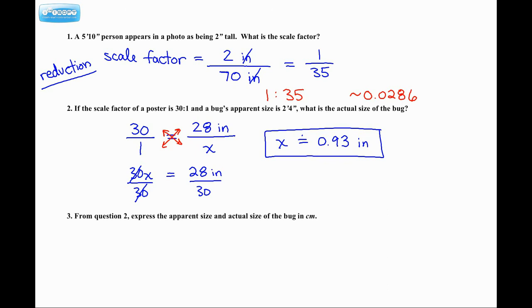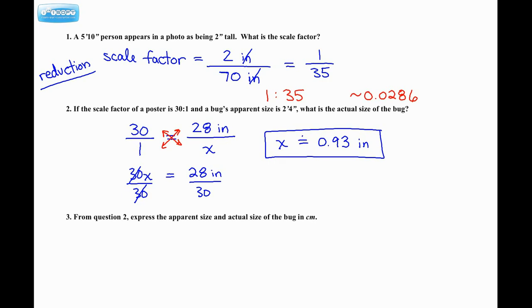Question 3, from question 2, express the apparent size and actual size of the bug in centimeters. Okay, so we're going to have to do a unit conversion here. If we do the apparent size first, remember it appeared to be 28 inches, and we want to convert that to centimeters. Well, what's the relationship between centimeters and inches?